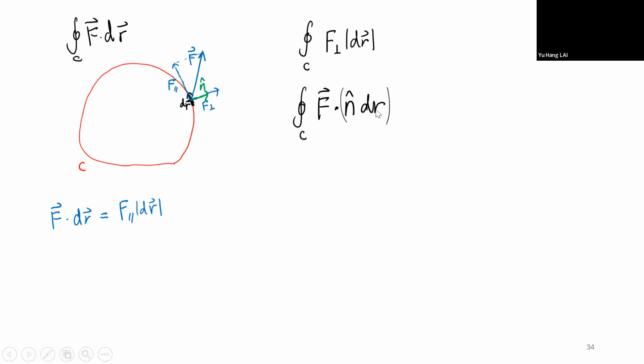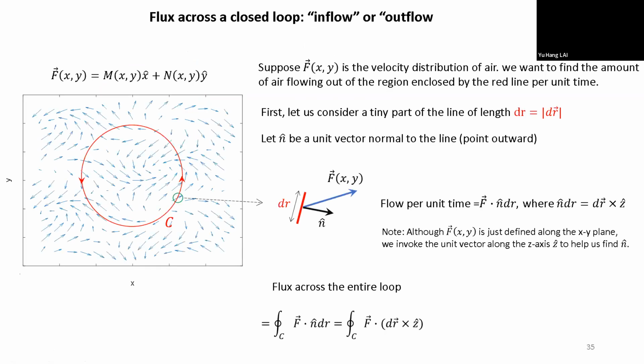What I want you to think about as a physical example is a vector field that is not a force field, but instead is the velocity distribution of air in some region in the xy plane. I give this vector field to you, describing the airflow velocity at different points in this xy plane.